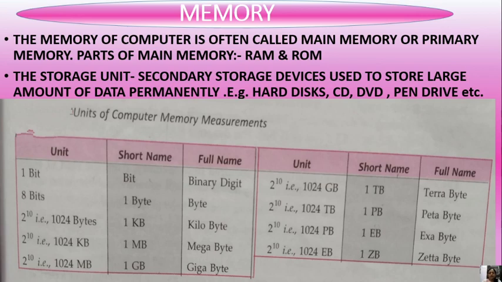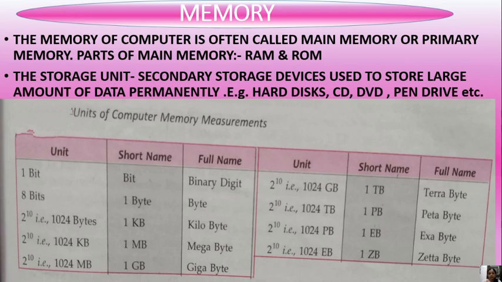And there are some subparts of RAM, ROM. Now here one image, units of computer memory measurement. We all are aware about these measurement units: bit, byte, KB, MB, GB, TB, PB, EB, ZB. So 1 bit, bit means 0 or 1.